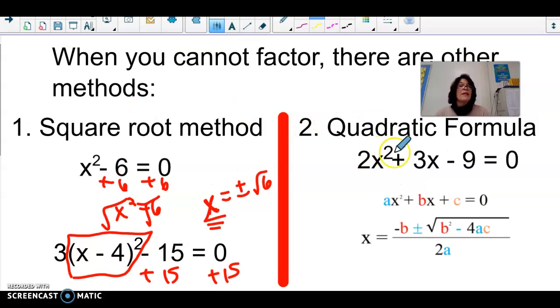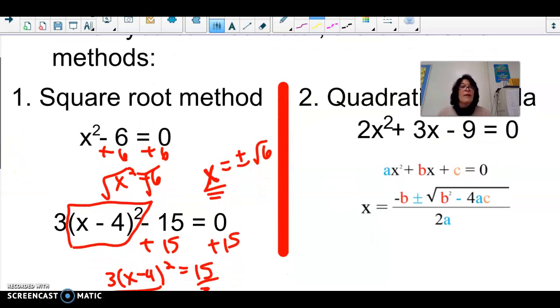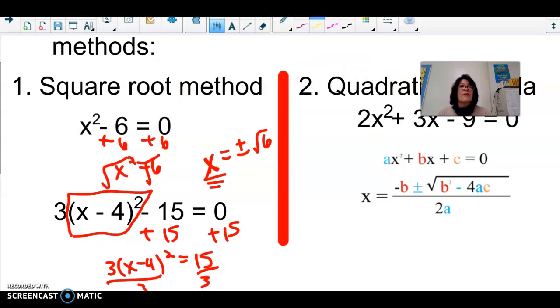Okay, so we'll take this 2x squared plus 3x minus 9, which I try to factor, I try everything, I just can't seem to get an answer. Then I'm going to use the quadratic formula.